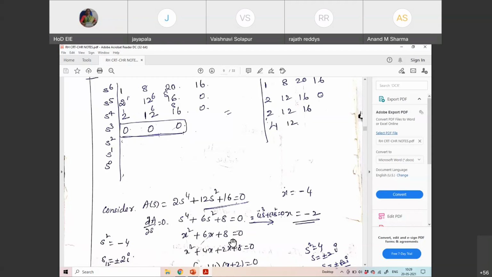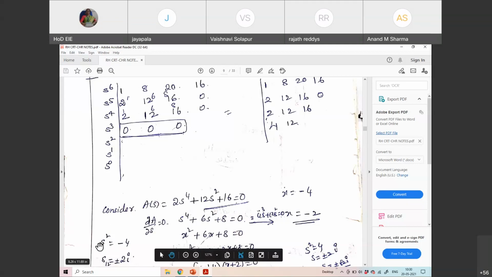I have taken s square as x, so s to the power of 4 will be x square and 6s square will become 6x plus 8. I got a quadratic equation, solved it, got the roots. Whatever roots I am getting for x, but actually what is x?